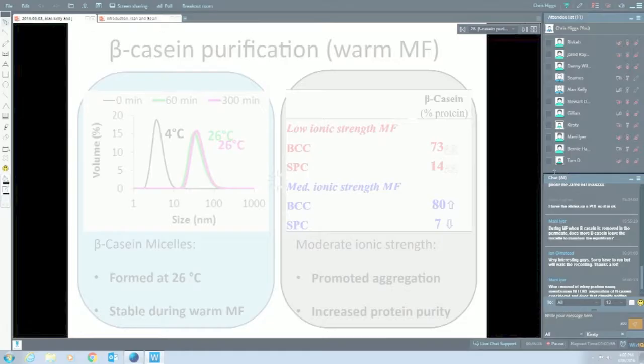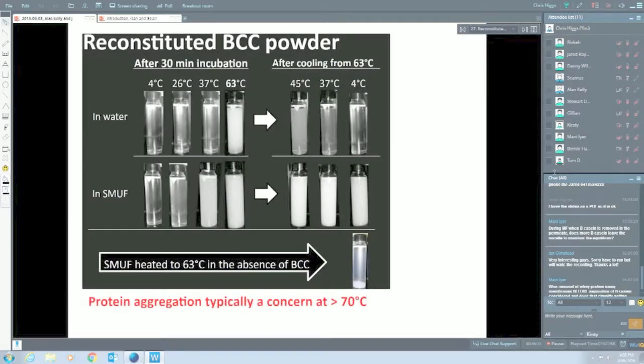Finally, it's slightly different, but just to mention it because it will be interesting to people in various applications, we did quite a bit of functional characterization of the beta-casein ingredient in different media, so in water and in milk ultrafiltrate or simulated milk ultrafiltrate, as a function of temperature and cooling cycles and so on.